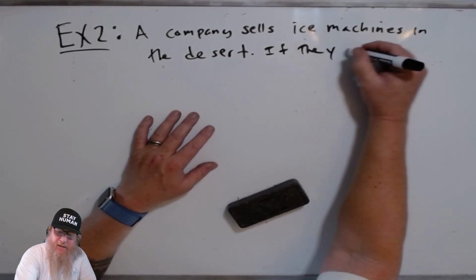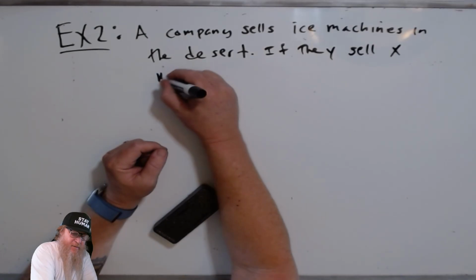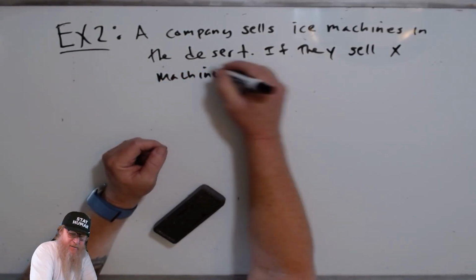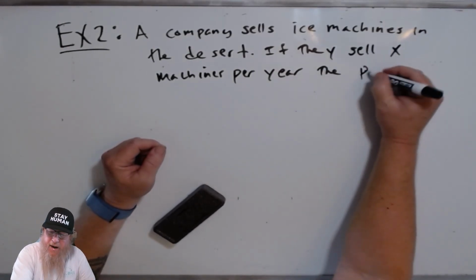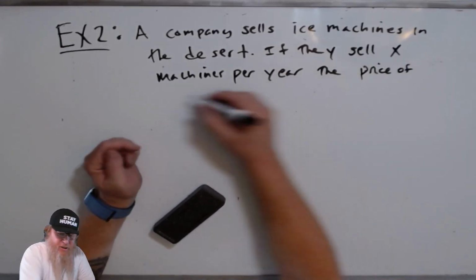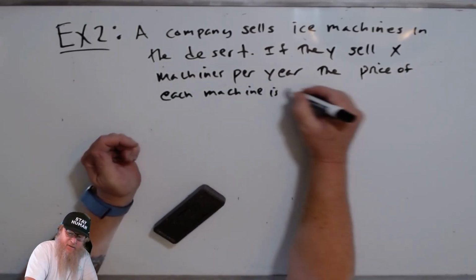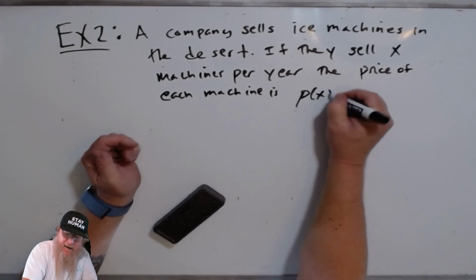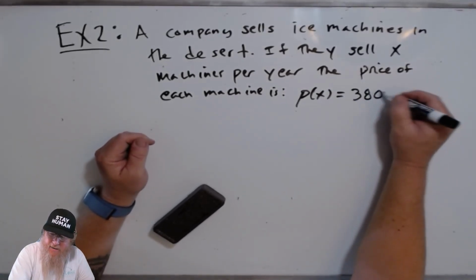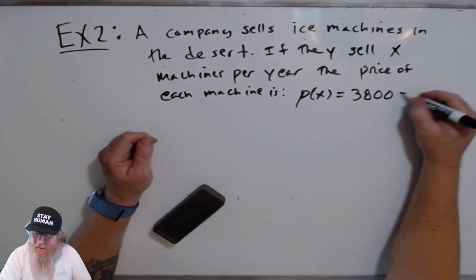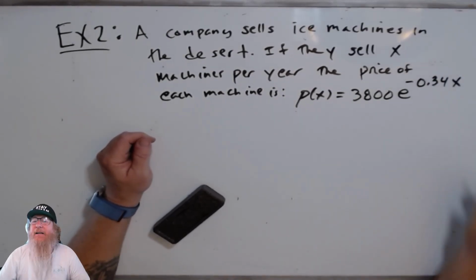If they sell x machines per year, the price of each machine is given by p(x) = $3,800 times e to the negative 0.34x.